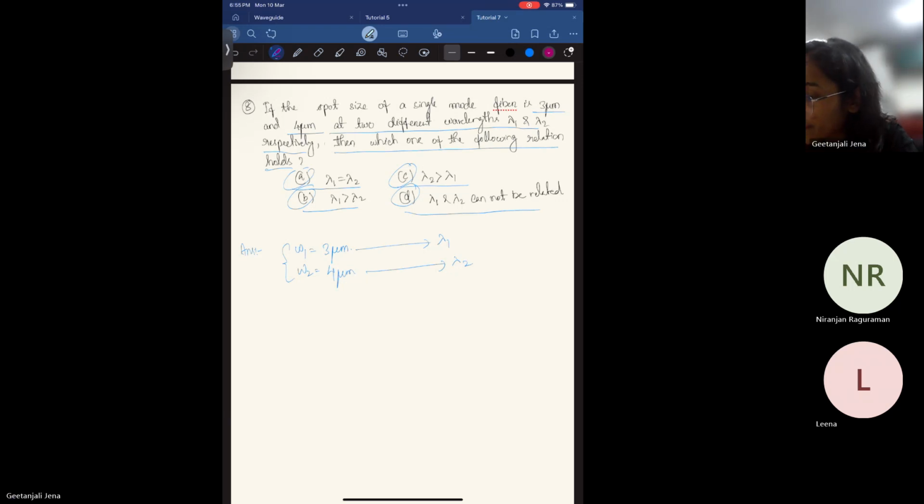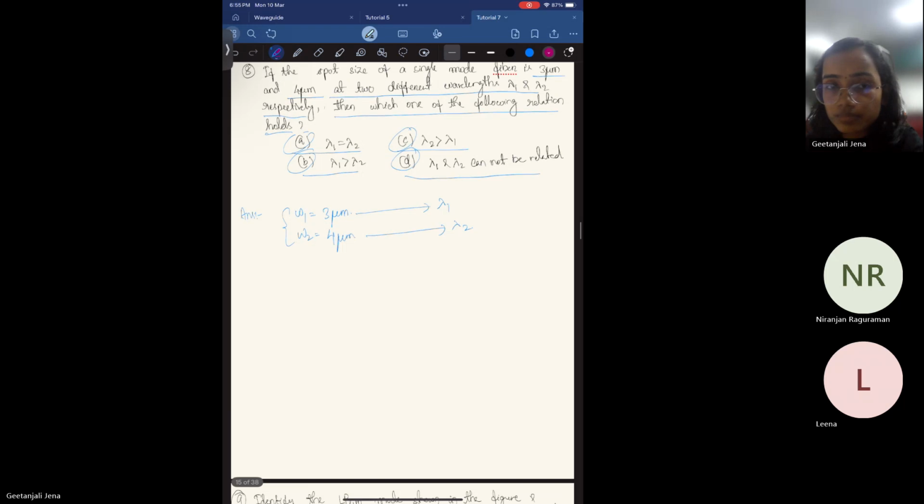So how can you relate spot size with wavelength?